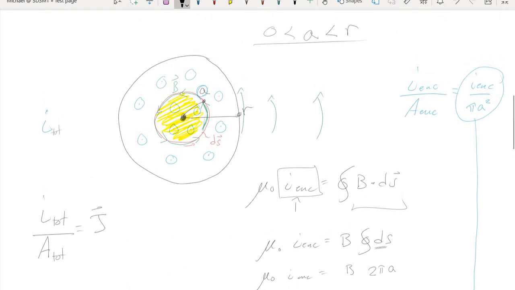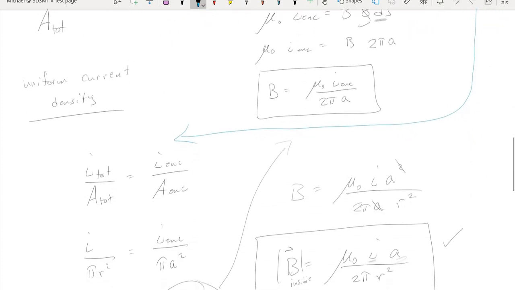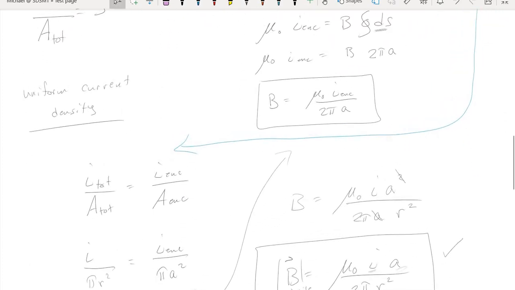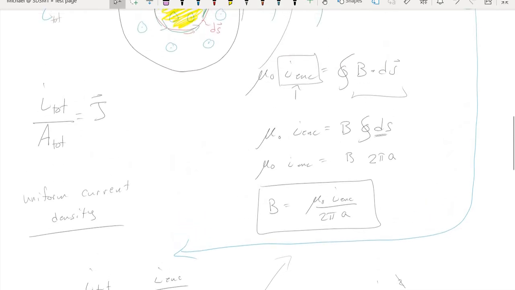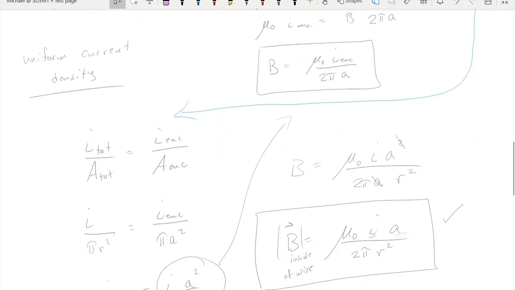I cannot extend a outside of the wire because a is being used as a ratio measurement for current, and I don't have current outside the wire that can be enclosed. Long story short, if you're outside of the wire, you treat it as a straight wire and you use the straight wire expression.